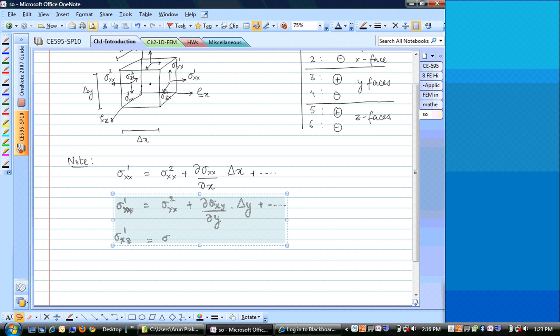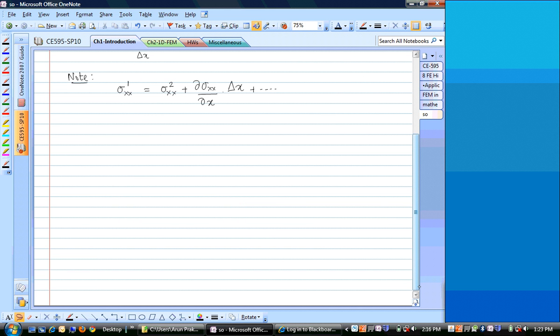What I'm trying to tell you here is that when you do this, you get 3 sets of equations. Let me write those out, and then I'll fill in the blanks next time. The first set is: del sigma xx over del x plus del sigma xy over del y plus del sigma xz over del z plus bx is equal to 0.